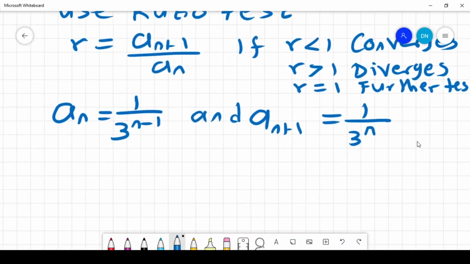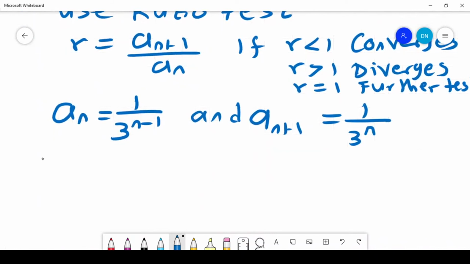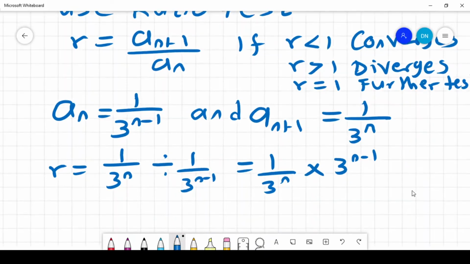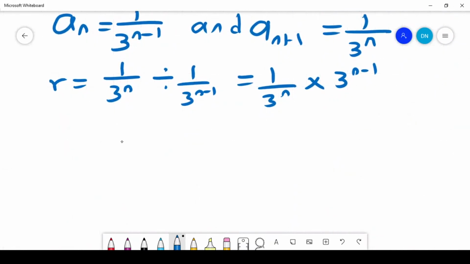We will know if the series we are testing converges. So our R will be 1 over 3 raised to power n divided by 1 over 3 raised to power n minus 1, which is 1 over 3 raised to power n times 3 raised to power n minus 1. This will be equal to 1 over 3 raised to n times 3 raised to n divided by 3.